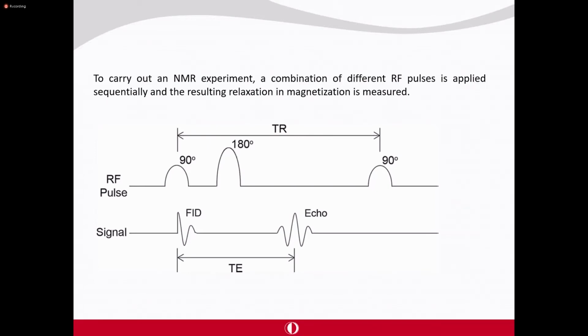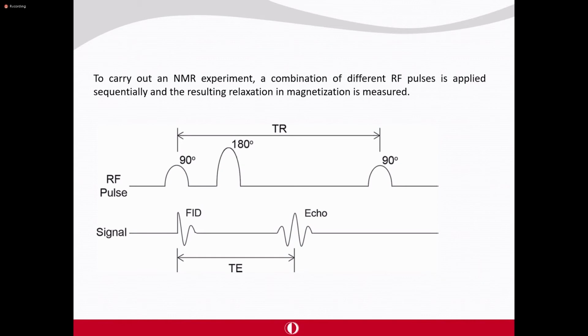If you apply a 90-degree pulse and then the RF pulse is removed, during that time we have a signal generated. That signal is known as the free induction decay. In the signal axis in the slide, you see that after the 90-degree pulse we have a signal generated. If you apply a 180-degree pulse after a 90-degree pulse and wait some time, we will have another signal, which is basically an echo.